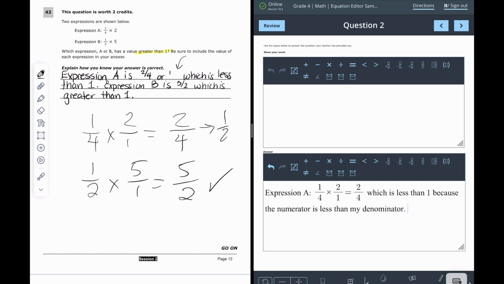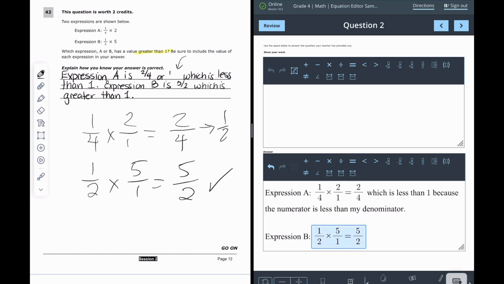Okay, all right, so then we'll do expression B, and I just do the same thing. I think the weirdest part is that I have to really decide to hit fraction instead of just a 5, so I don't have to keep on tapping buttons.